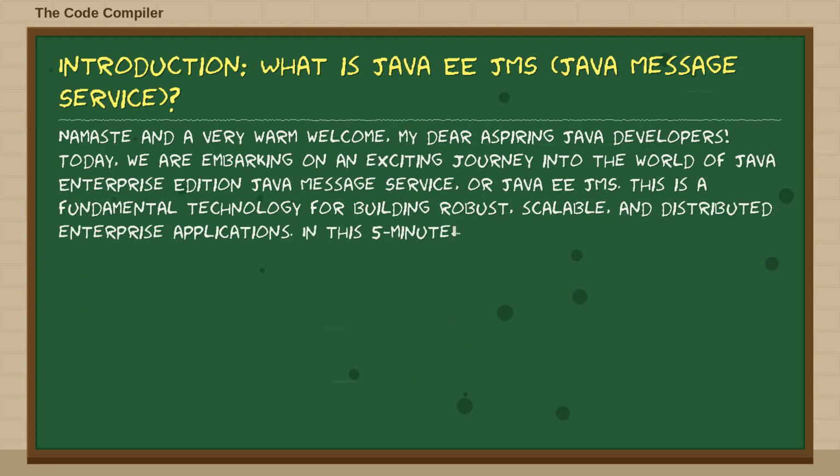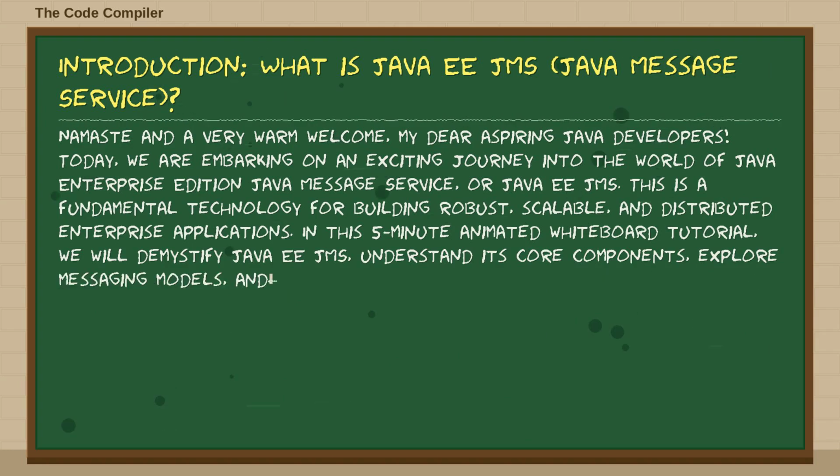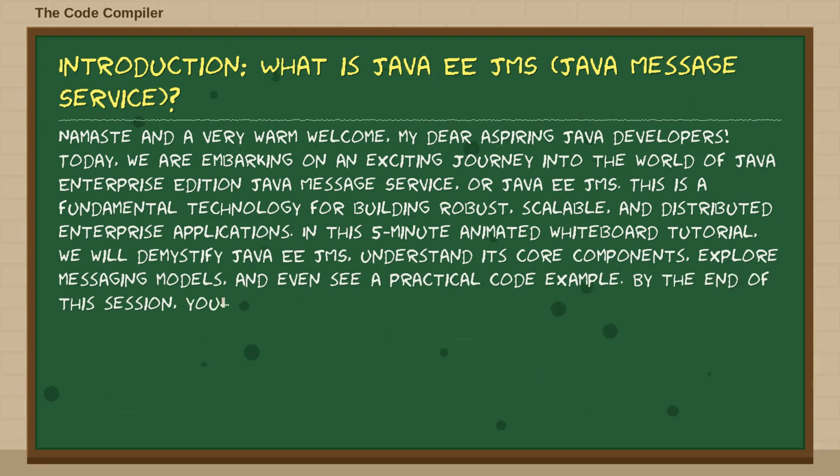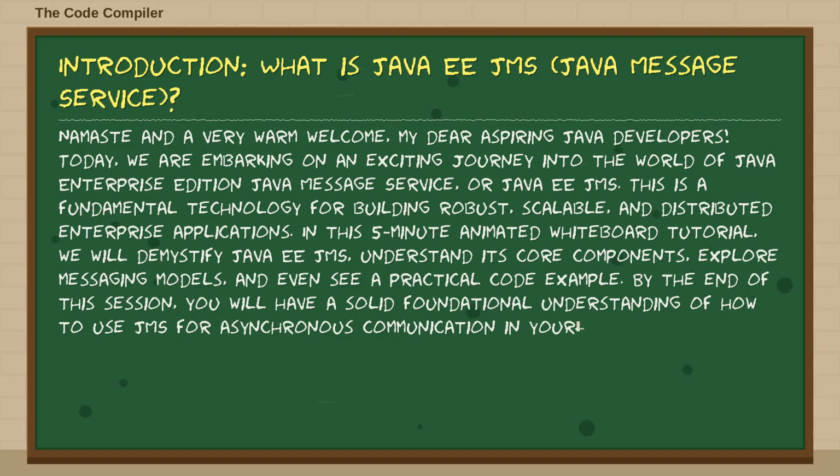In this 5-minute animated whiteboard tutorial, we will demystify Java EE JMS, understand its core components, explore messaging models, and even see a practical code example. By the end of this session, you will have a solid foundational understanding of how to use JMS for asynchronous communication in your Java applications.